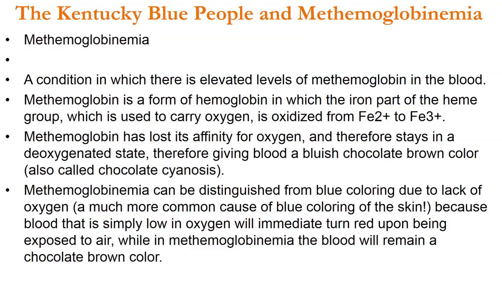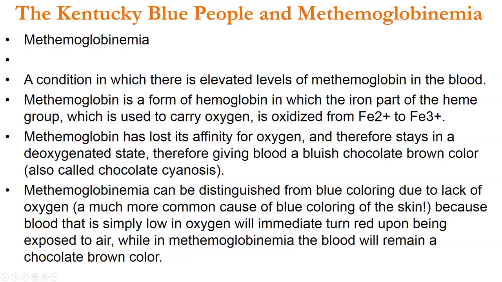If you get enough of that in your blood, it's going to give the blood what appears to be a blue hue through your skin. It's actually brown if you see it in the red blood cells themselves. But if the methemoglobin levels get high enough, your skin will start to appear blue. Also called chocolate cyanosis.